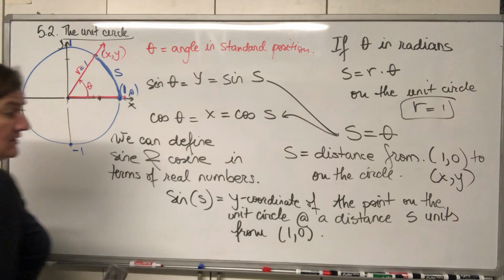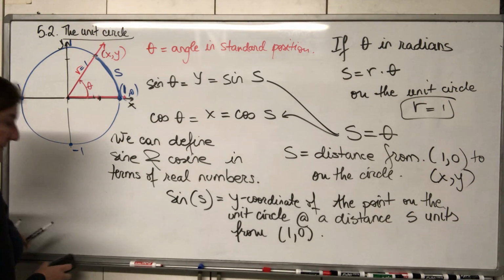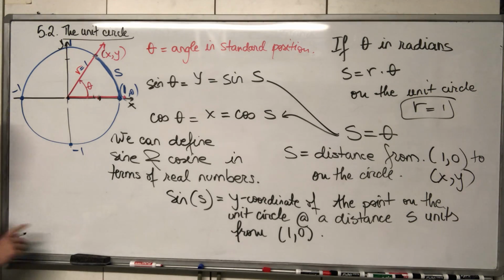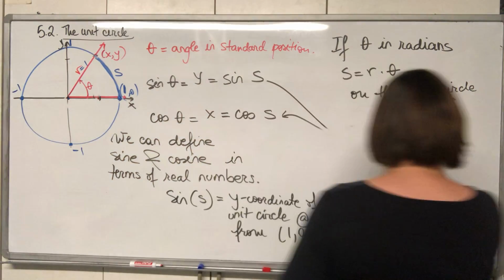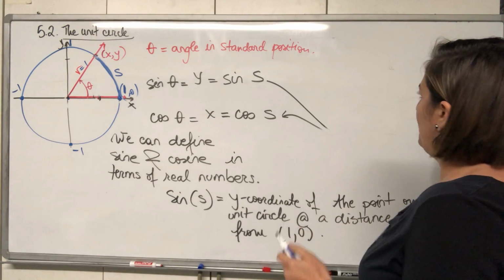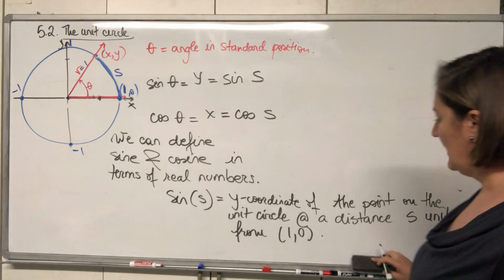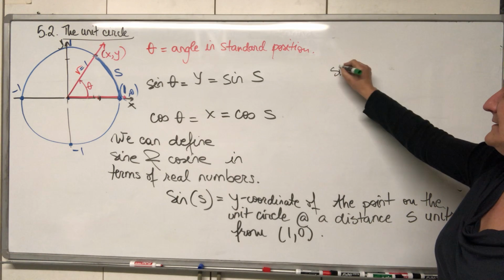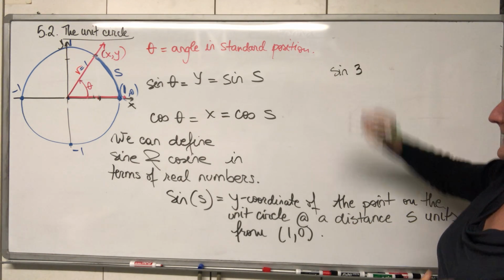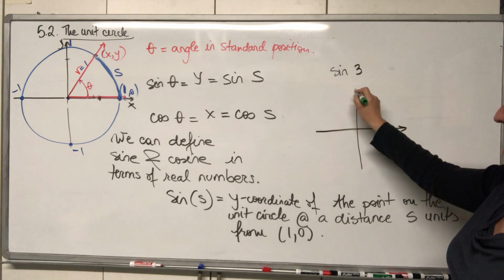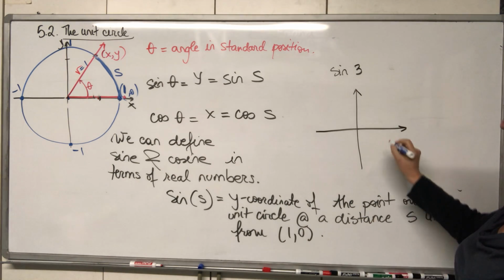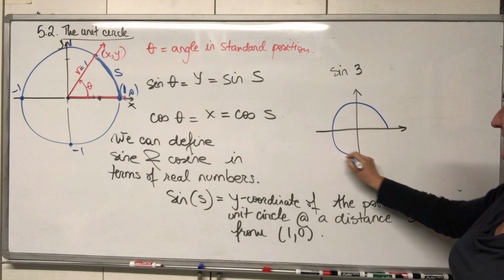So let me show you. What does that mean? For example, what would be sine of the number 3? The number 3 is a real number. All I have to do is draw myself a unit circle.